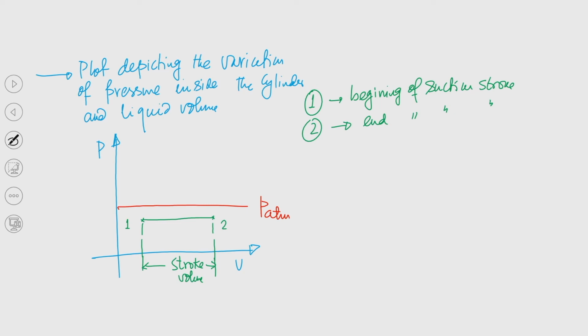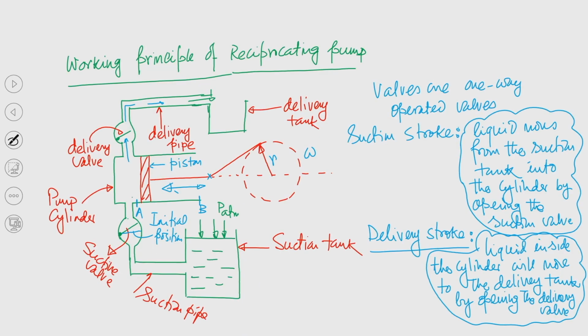But for the sake of understanding, we will discuss again what the factors are, and we will try to modify the diagram. For the time being, at least we understand that pressure inside the cylinder will be less than the atmospheric pressure, and that is responsible for the movement of the liquid from the suction tank to the cylinder.